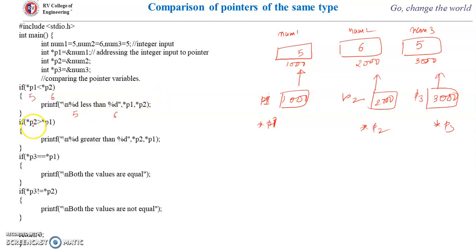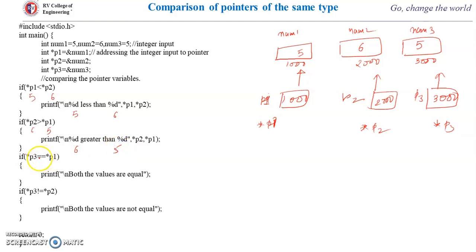Then if star p2, the value stored at address location 2000, that is 6, is compared with star p1, the value stored at address location 1000, definitely 6 is greater than 5. So this message will be printed: 6 is greater than 5.